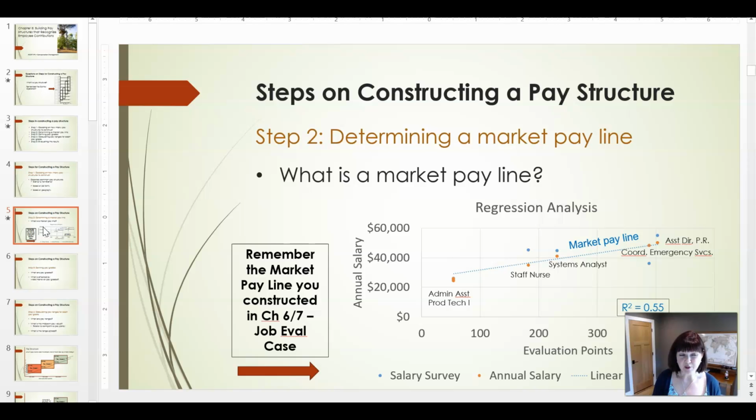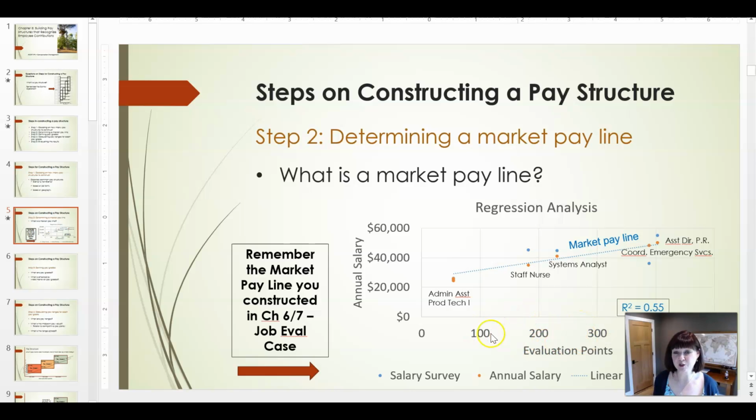The second step, so the first step was how many pay structures, the second step is to determine the market pay line. The market pay line is what we just did in Chapter 7, where we are looking at the typical market salaries based on our job structures.